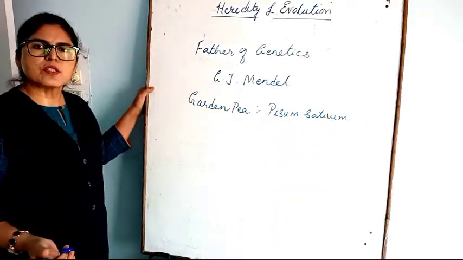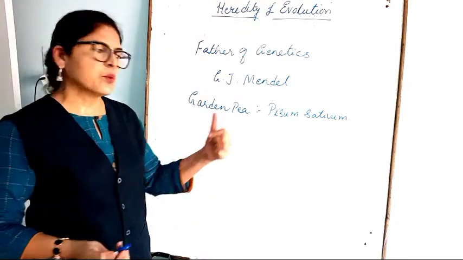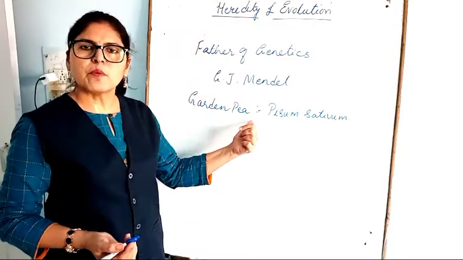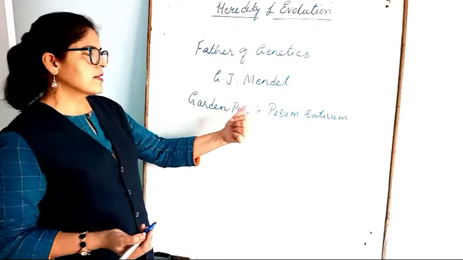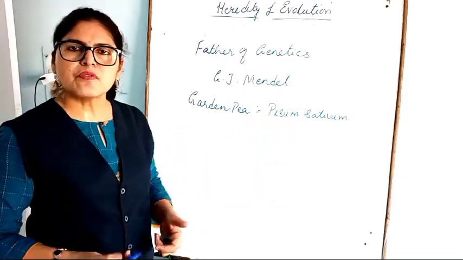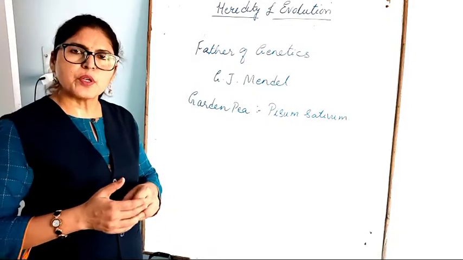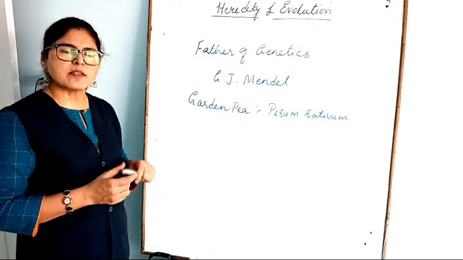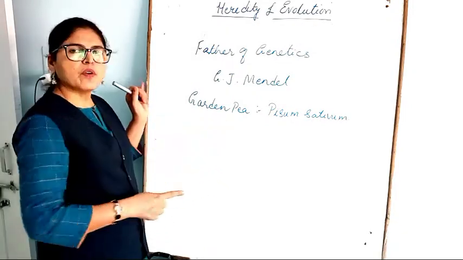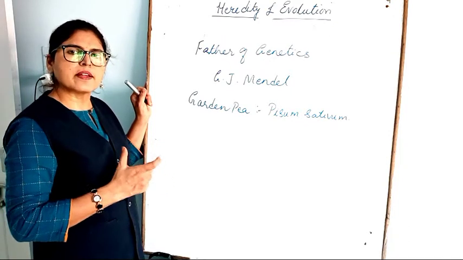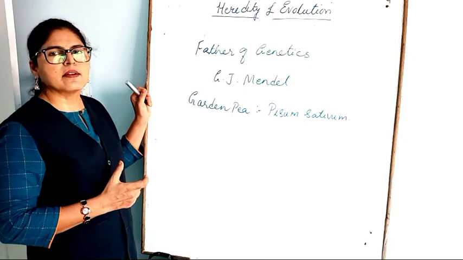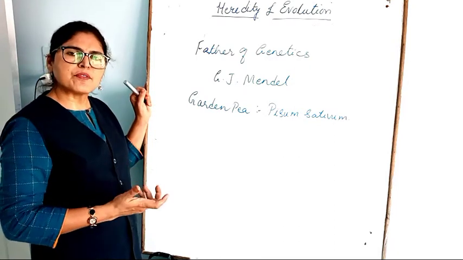Now the question is, why did Mendel select only this plant, garden pea or Pisum sativum? Why not any other plant? The reason for that is a very important question of 10th class, it has often been asked. Garden pea has a short lifespan.